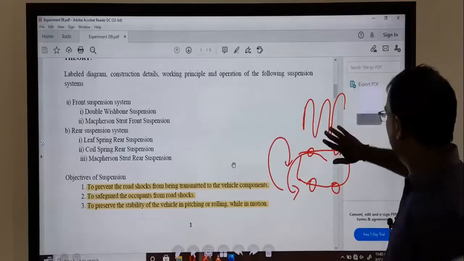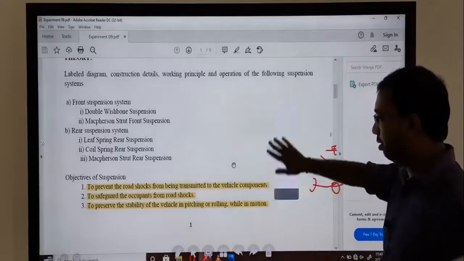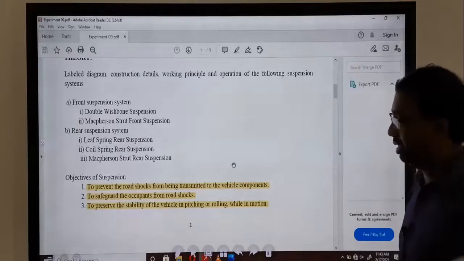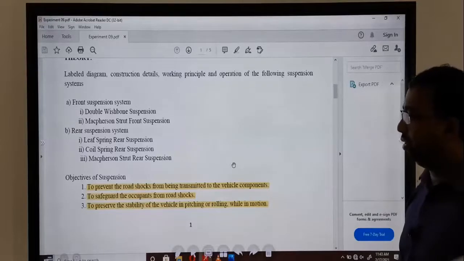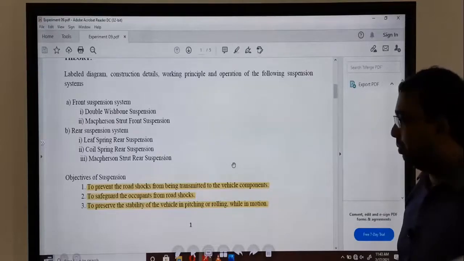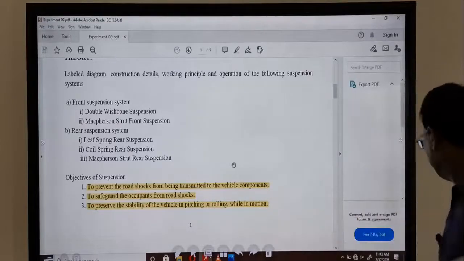So it preserves and maintains the stability, and eliminates the pitching and rolling.